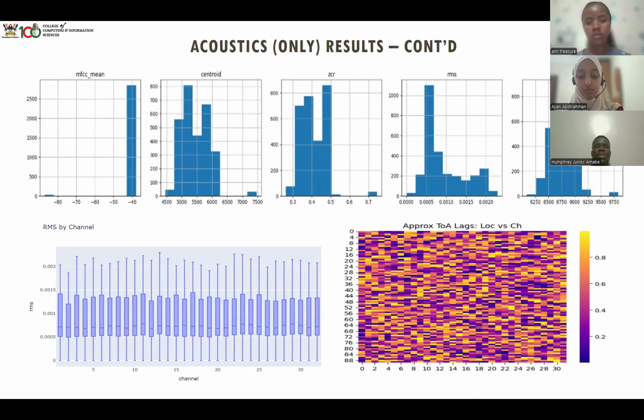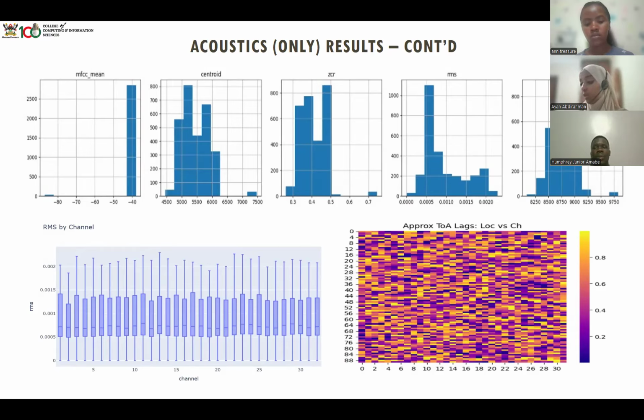And the last visualization is a location versus channel representation. Here you can see on the x-axis we have the channel numbers from 0 to 30, and the y-axis is also channel, but the color represents the estimated lag in milliseconds.